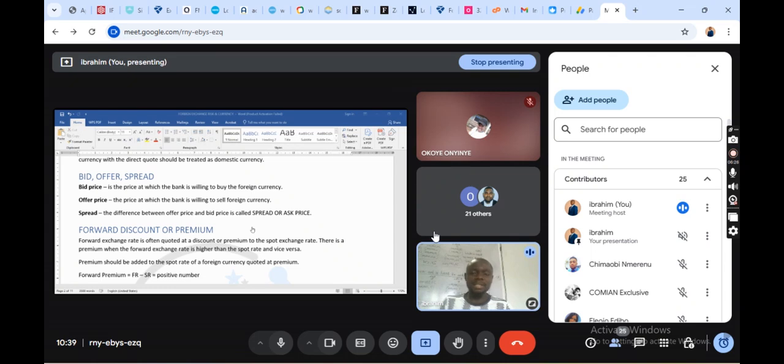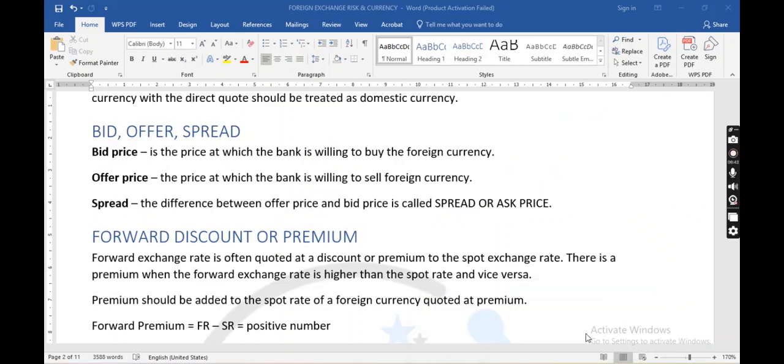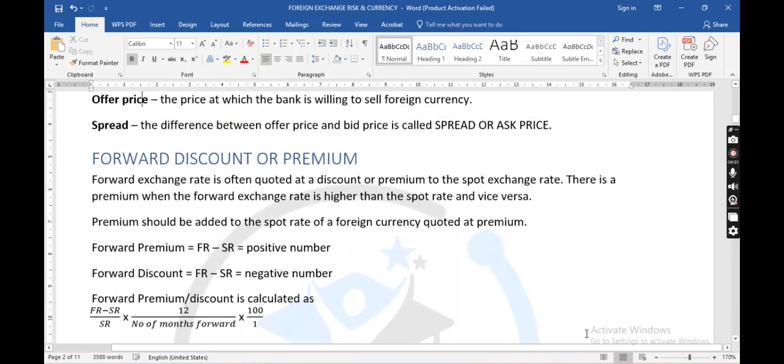Now, do you think the bank will choose 1,500? No, the bank will end up choosing 1,650, because they want to sell to you and make more money from there, right? Then the spread as well. So our focus here, okay.